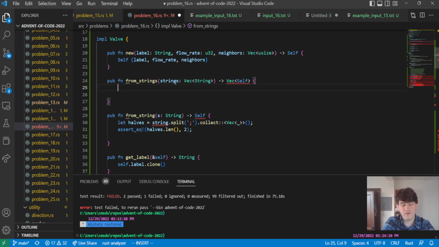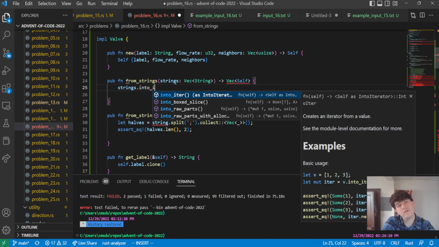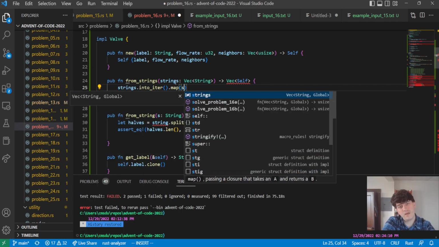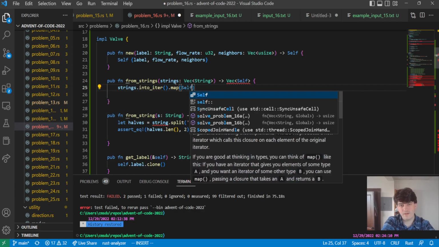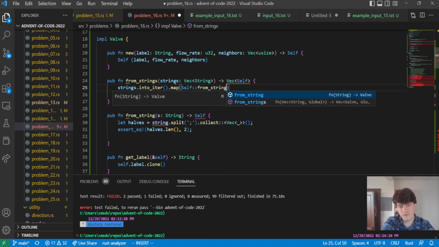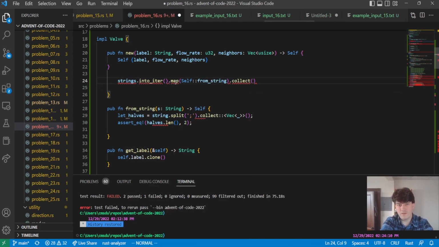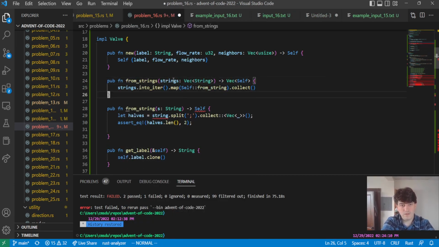And this is just going to be strings.into_iter().map. Can I just say Self::from_string?